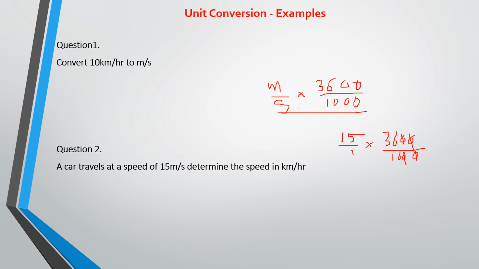So that gives you 54. So this will give you 54 kilometers per hour. So basically that is how to do this unit conversion from kilometers per hour to meters per second, and from meters per second to kilometers per hour. So take note of those equations that I give to you, so that you apply them in case you come across any question like this.